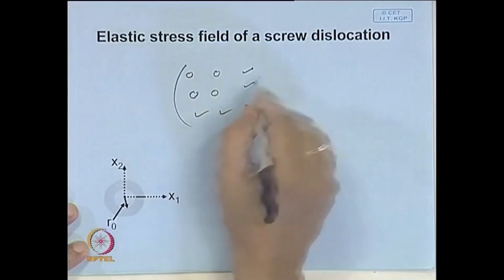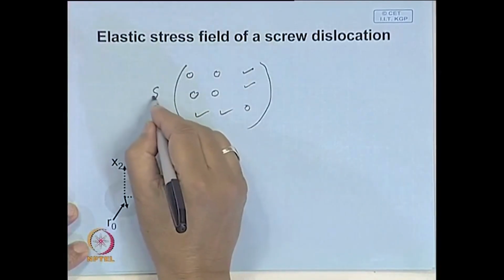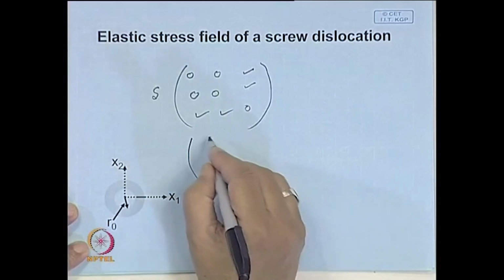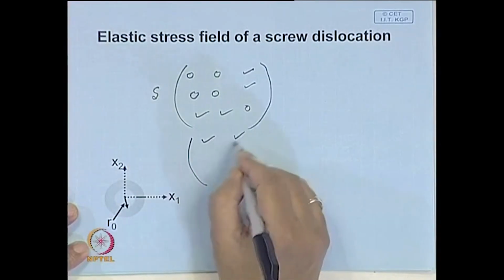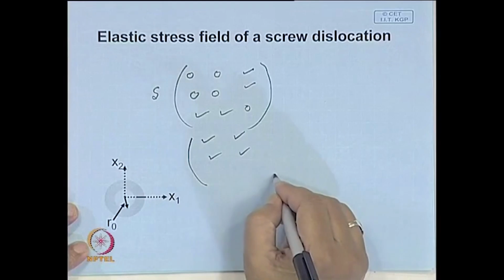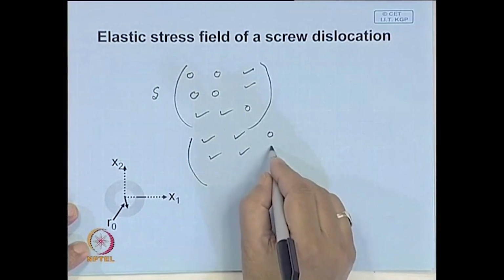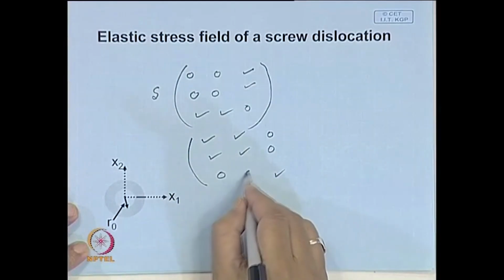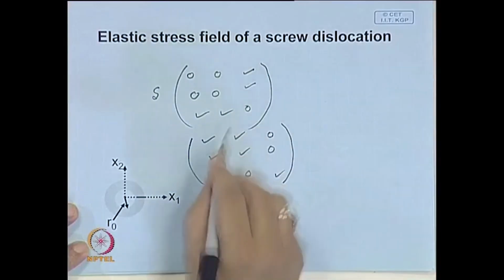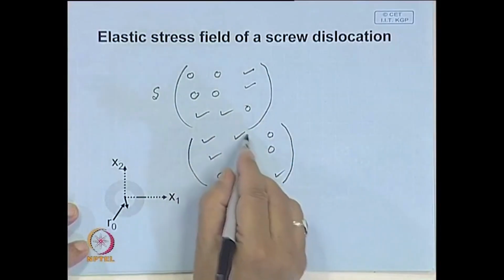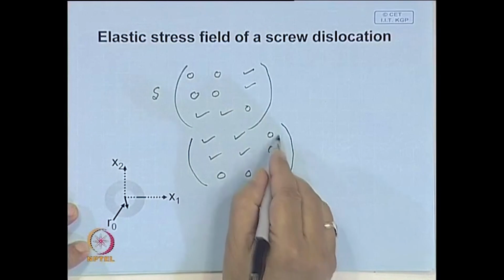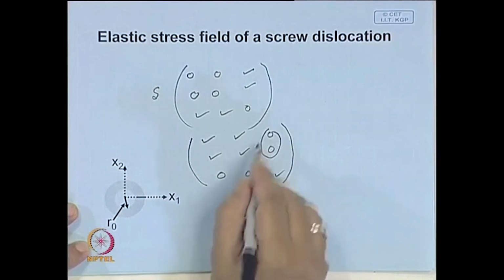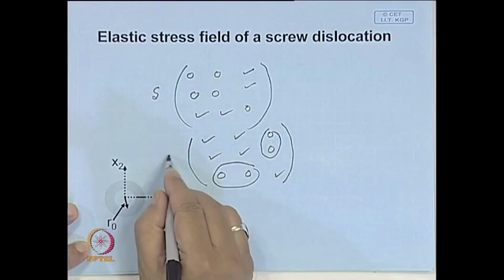So, this is the case of screw dislocations, whereas in the edge dislocation, the components which had a value for a screw dislocation are 0.